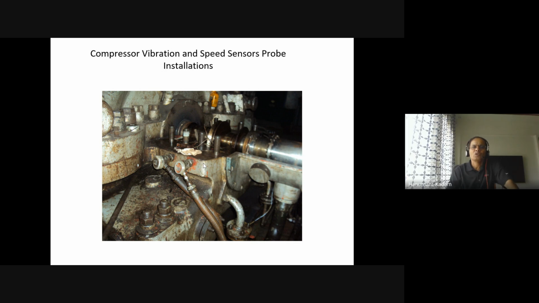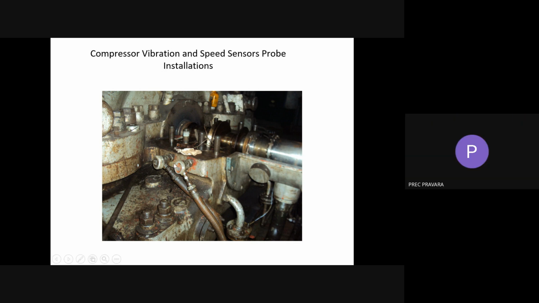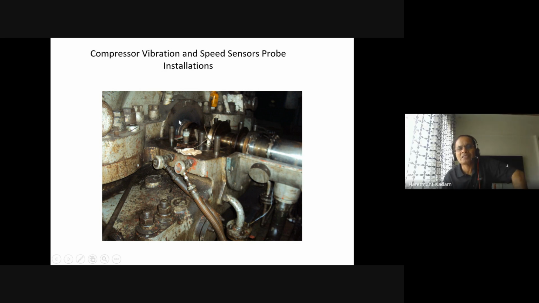Okay. So now you can see one picture I am showing you. You can see this open compressor here. Rotors and shafts are open for maintenance, and you see the vibration probes installed here.